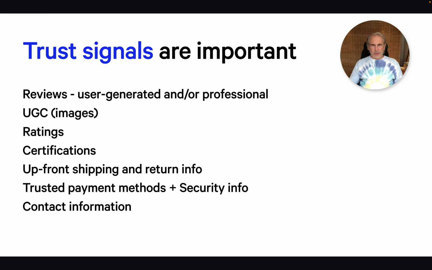Okay, I mentioned trust signals, and trust signals are the sort of thing that will make you feel more confident in making a purchase from this particular brand or this particular channel.